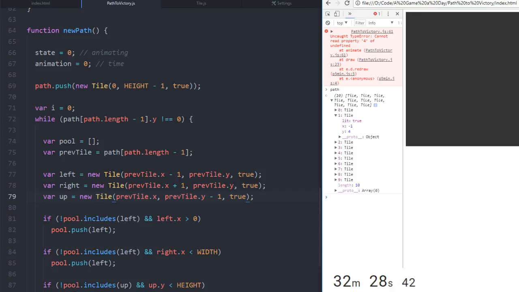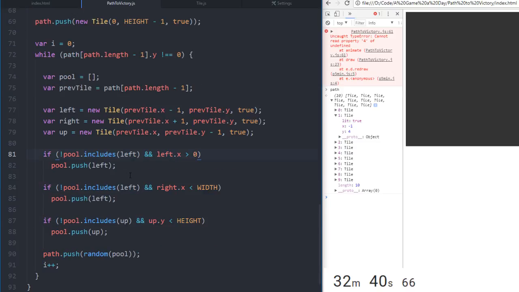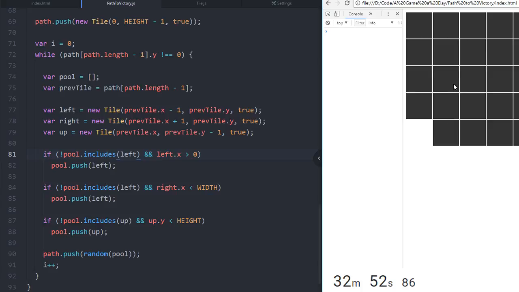So going left, for some reason, okay, so the x has got to be greater than 0. We should not be pushing it. If it doesn't include left, let's try it.